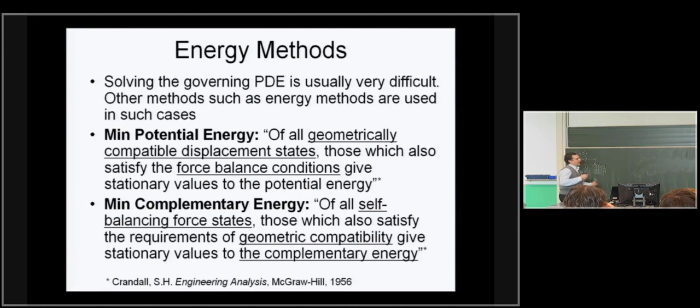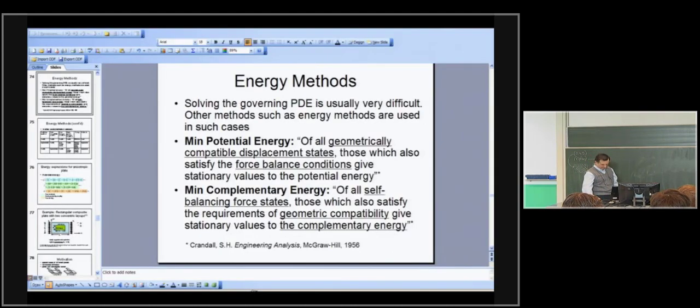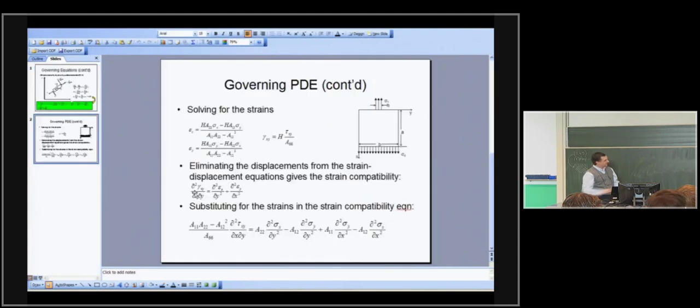And the theorems say, this is one way of stating them, say that in the first case, if you want to satisfy all the governing equations, you have to pick. Some of them you'll satisfy exactly, and some of them you'll satisfy approximately. If you choose to satisfy approximately, your strain compatibility, and strain compatibility means this equation here.